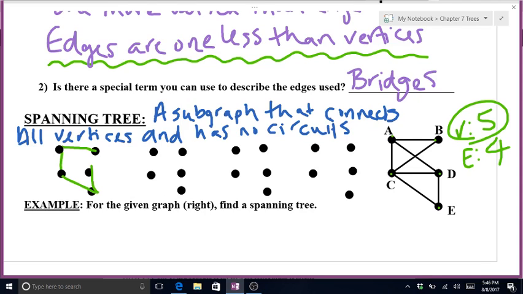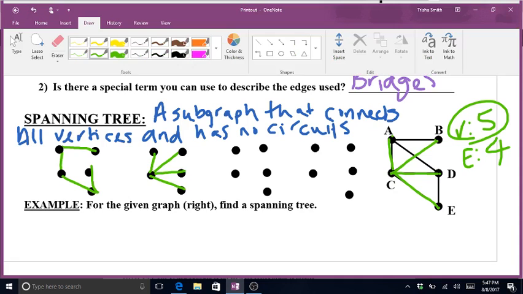I could have also done something like this. As long as all of my lines come from the original graph over here, I'm good to go. Remember, you just cannot draw any new edges. This would help if I select the eraser.